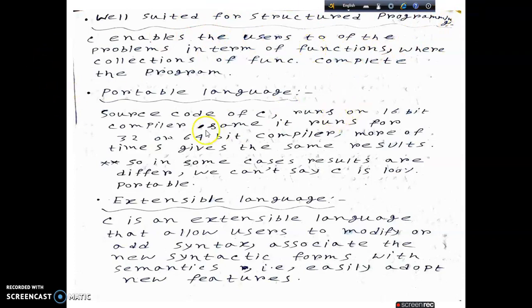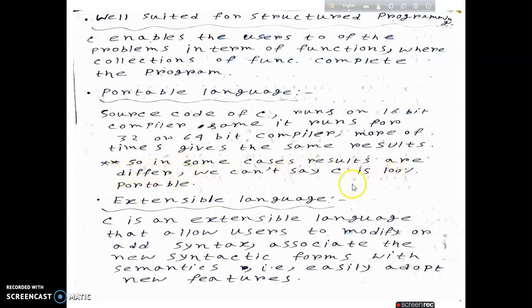Next is portable language. The source code of C that runs on a 16-bit compiler also runs on a 32-bit or 64-bit compiler, and most of the time gives the same results on every compiler. But keep in mind that in some cases the results also differ.